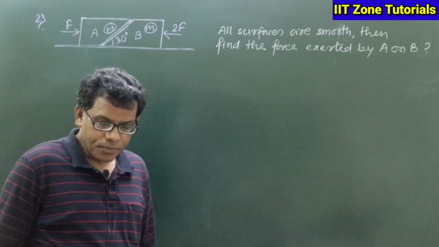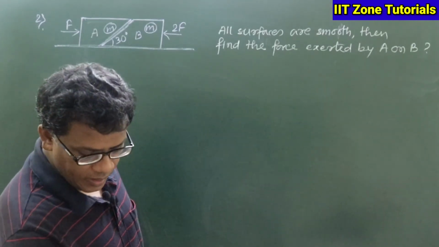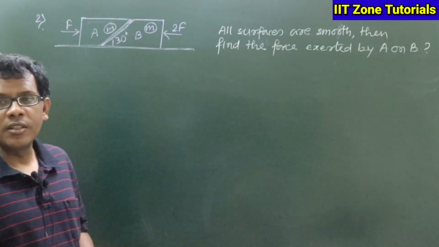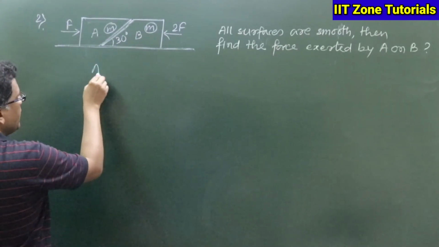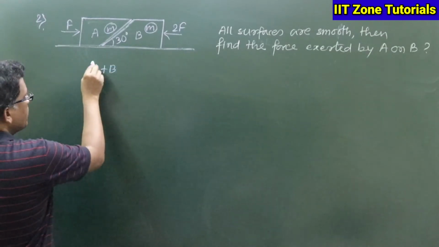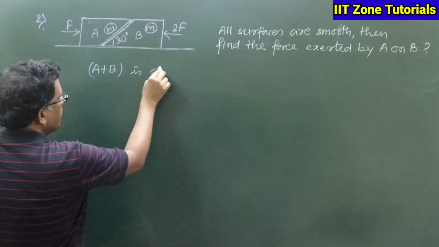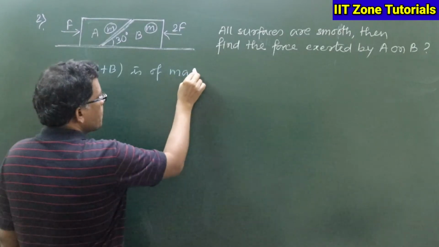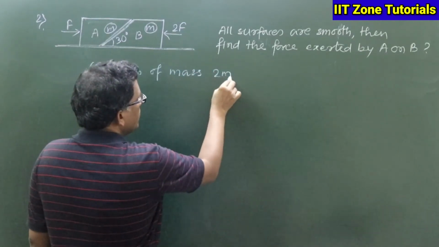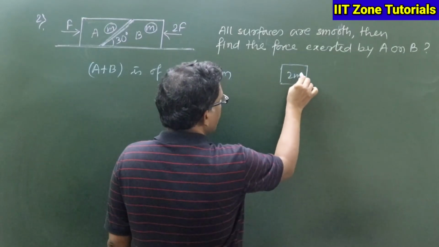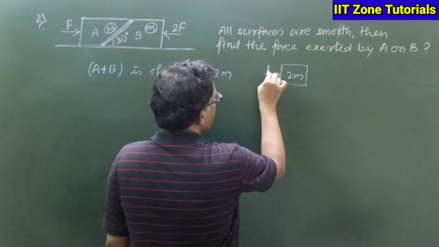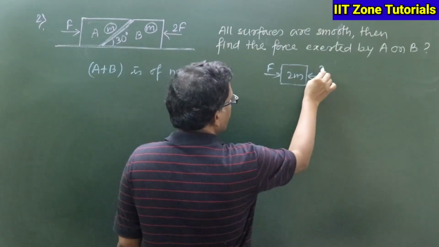The total system A plus B is of mass 2m, experiencing F force this way and 2F force this way.